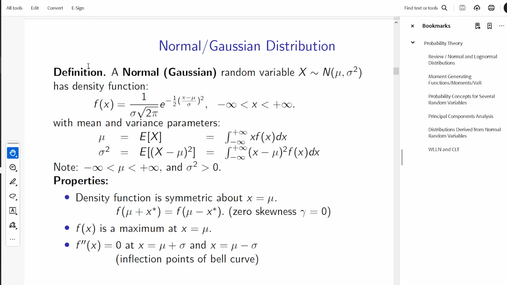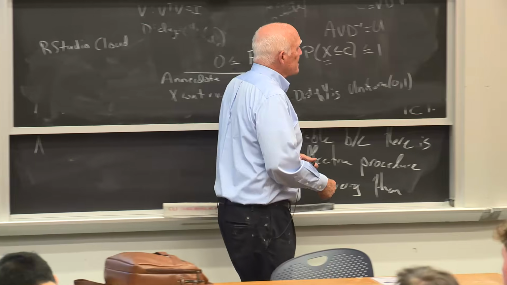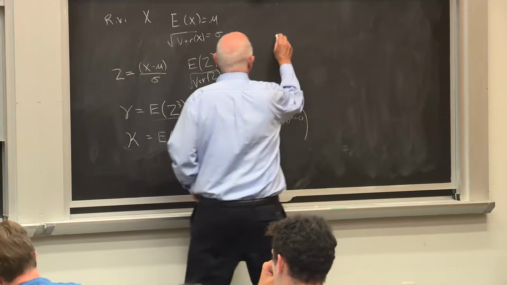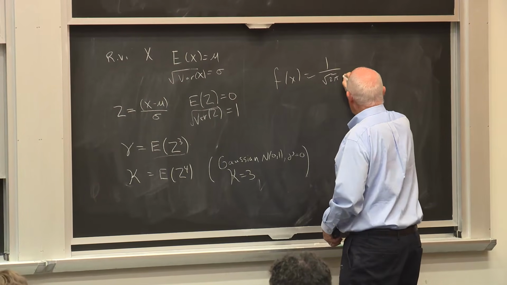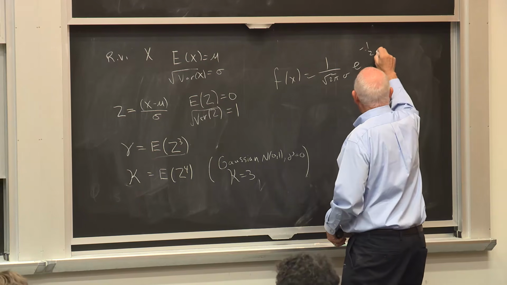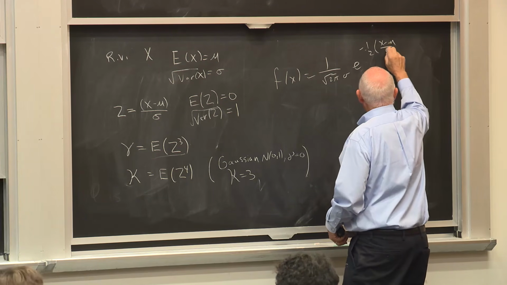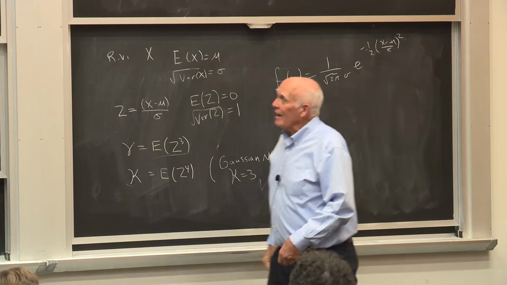All right, well, let's just review Gaussian distributions. I hope this formula for the density of a Gaussian is very familiar to everyone here. The density function is equal to 1 over root 2 pi sigma, e to the minus a half, (x minus mu) over sigma, squared.